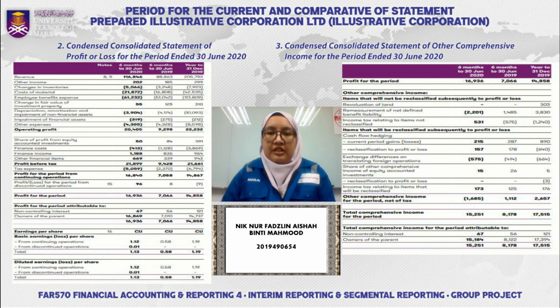For the statement of other comprehensive income, the current period is 1st January 2020 to 30th June 2020, and the comparative period is 1st January 2019 to 30th June 2019.